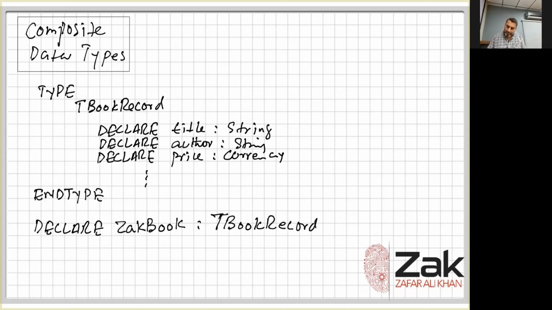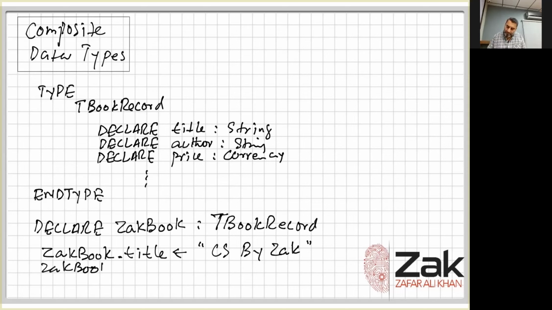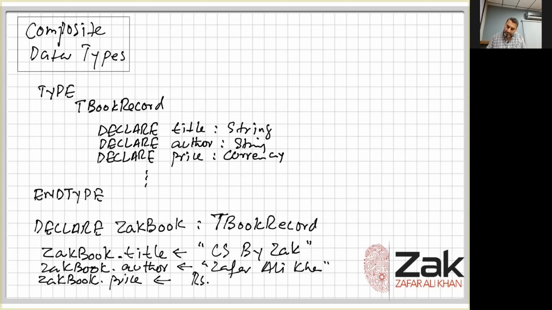And then let's assign some data. Zach book dot title is equal to CS by Zach, book dot author is equal to Zafar Ali Khan, and Zach book dot price is equal to rupees 30.